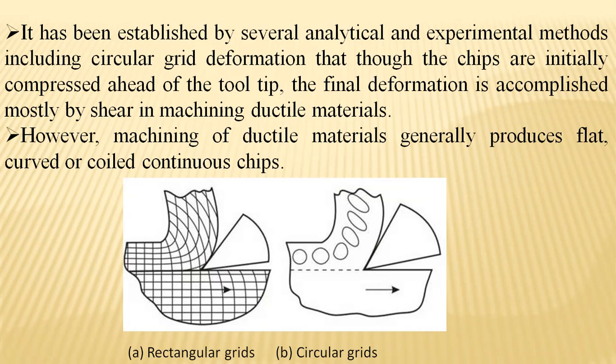And even at the final stage of this deformation, there is permanent deformation, which is mostly caused by shearing. And moreover, this circular way of chips will be elevated only in particular kinds of materials, that too in ductile kinds of materials.